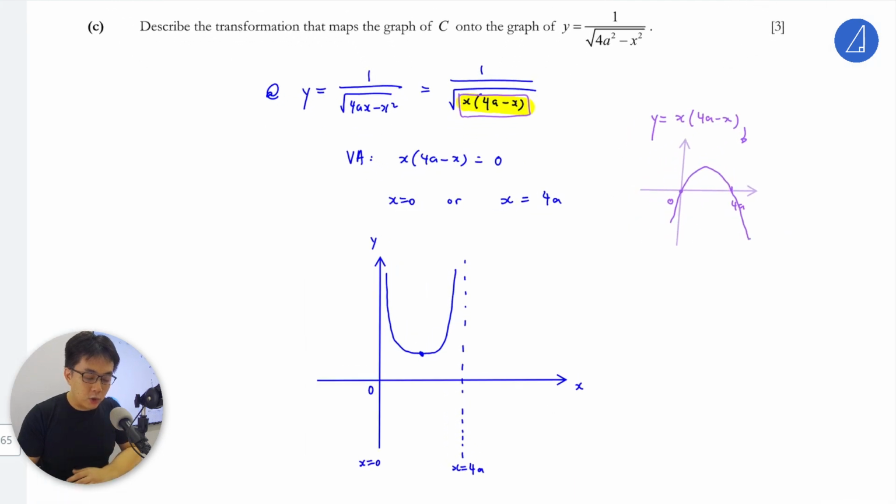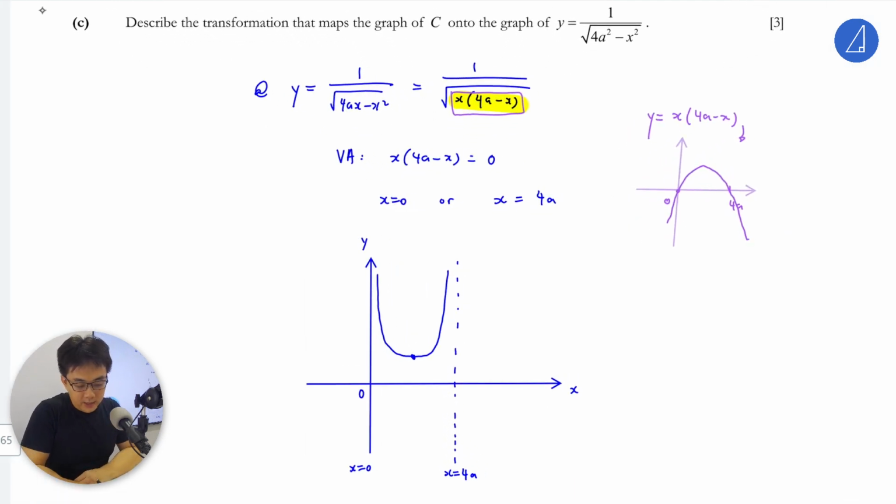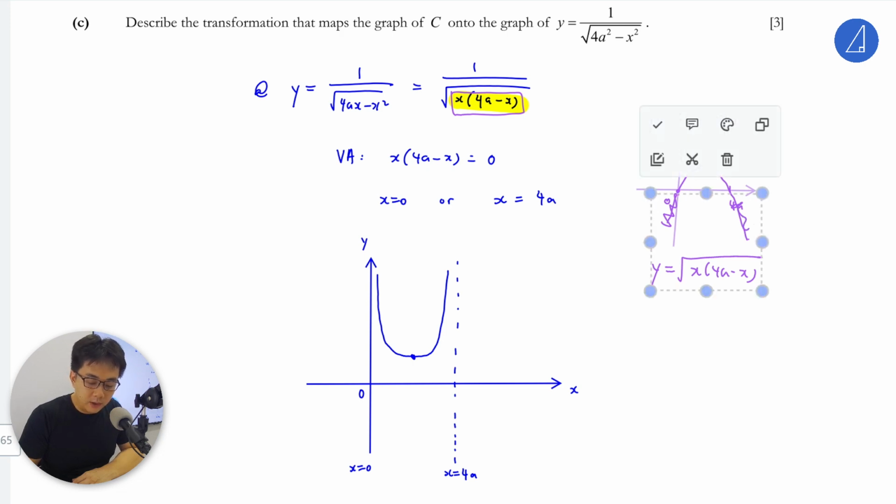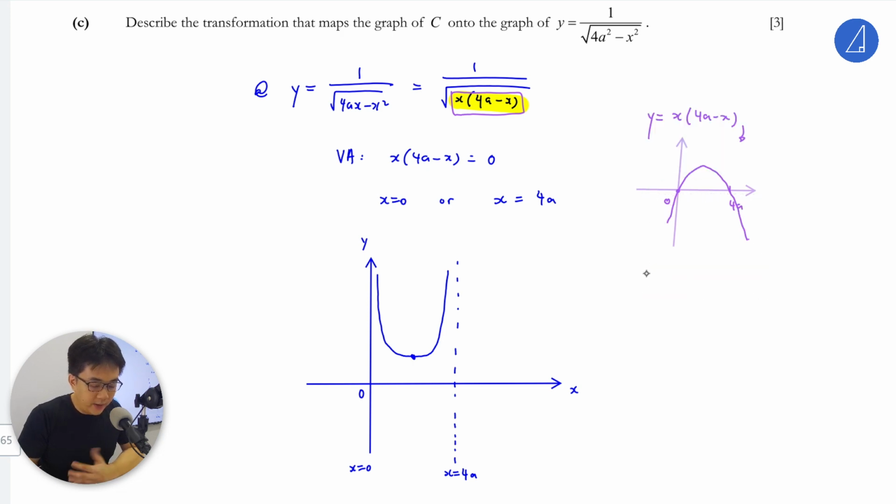Now, when you square root it, although it's out of syllabus, you must understand that y equals square root of x(4a minus x), right? This part would disappear, because you can't square root a negative number. So when you square root x(4a minus x), it becomes this shape here.